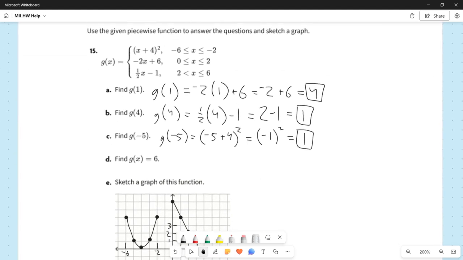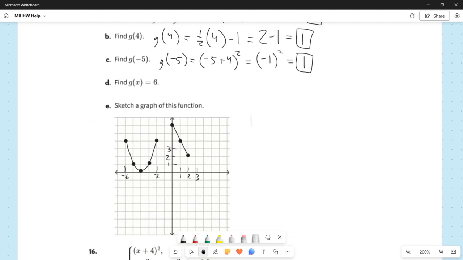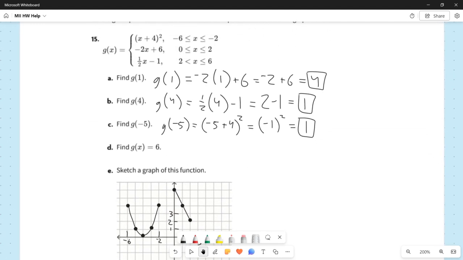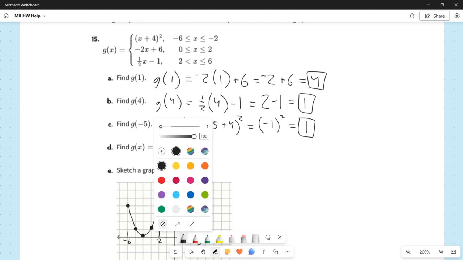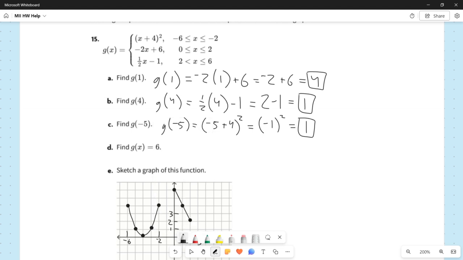All right. The last piece is from when x is between 2 and 6. We again have a linear function, but it's different. It's got a different slope, and it's got a different y-intercept. But other than that, it is still a linear function. Now, technically, this third piece does not include 2.